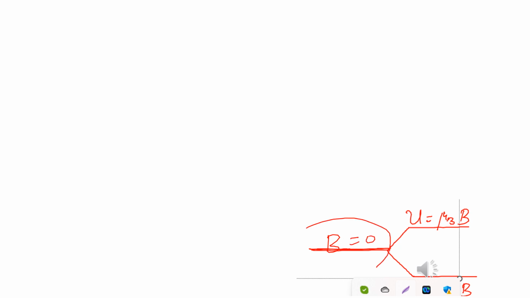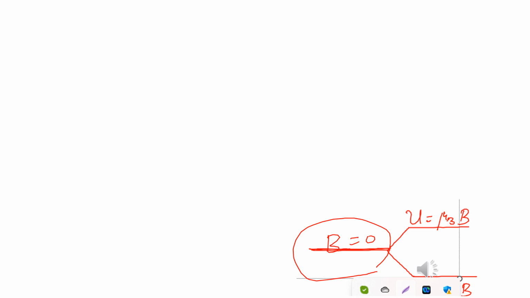But in the presence of an external field, the energy levels split into U equal to mu B times B and U equal to minus mu B times B.